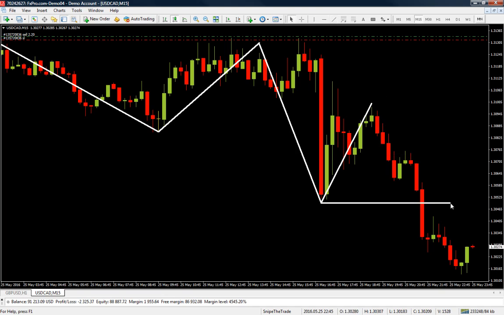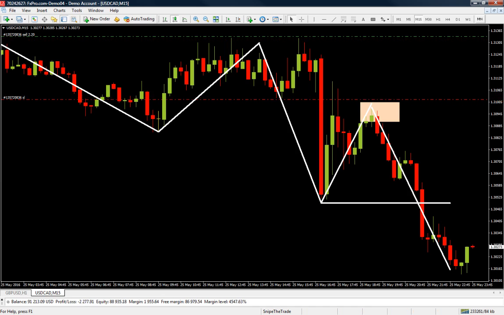When we break with this low, this is now considered the nearest high. Because we have broken with this level, we can now move our stops right here. Of course, you can be taking profit all the way down. You could have taken profit here and here, but this is just a lesson on how to trail your stops.